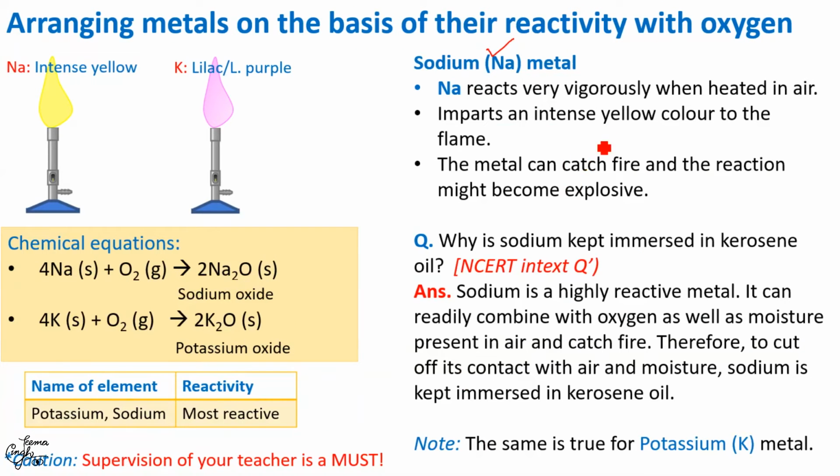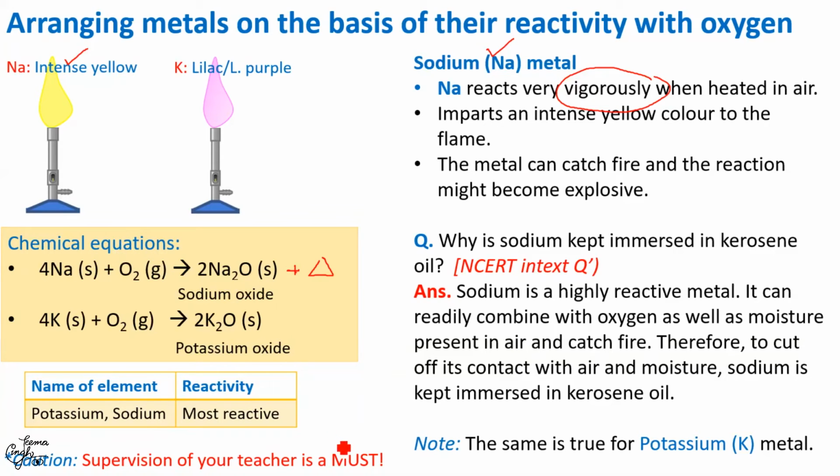You will observe that sodium reacts vigorously when heated in air. It imparts an intense yellow color to the flame, or burns with a bright yellow color. Since a lot of heat energy is evolved, the metal can catch fire and the reaction might become explosive.